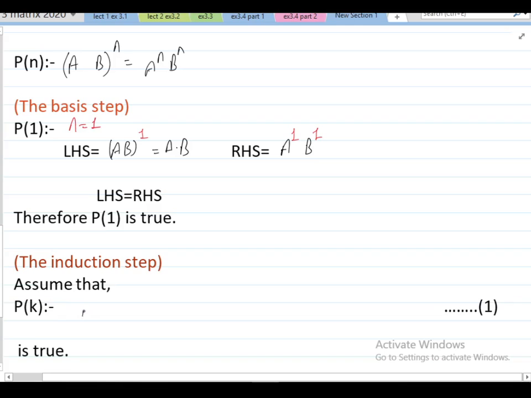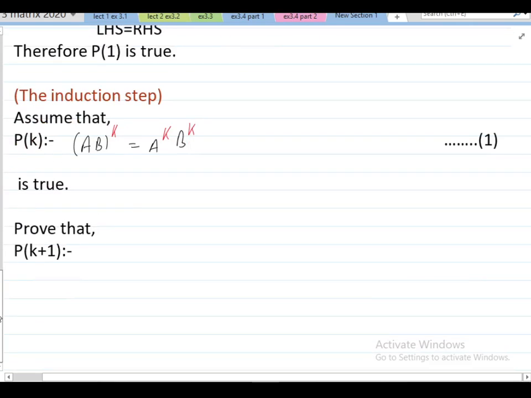Now P of k, n equals k: AB whole raised to k will be A raised to k, B raised to k. And from this we have to prove that AB whole raised to k plus 1 equals A raised to k plus 1 B raised to k plus 1.